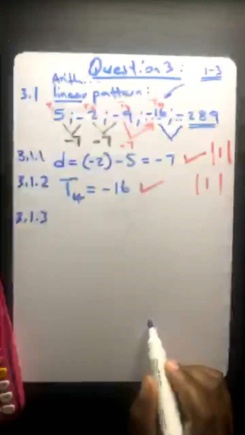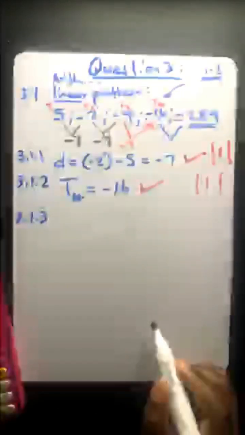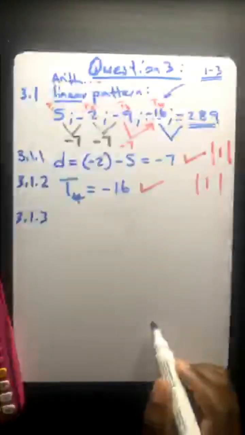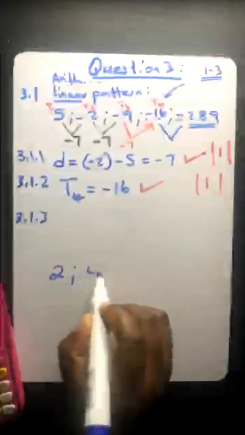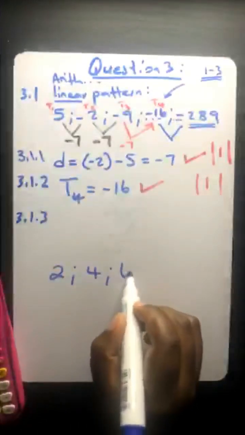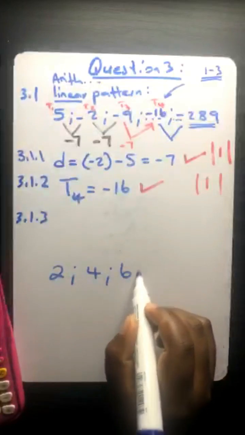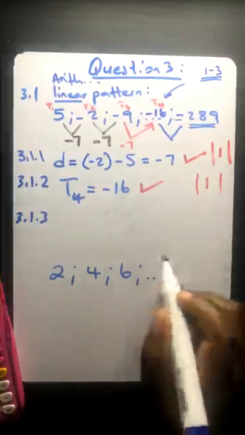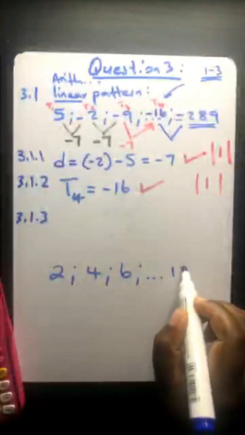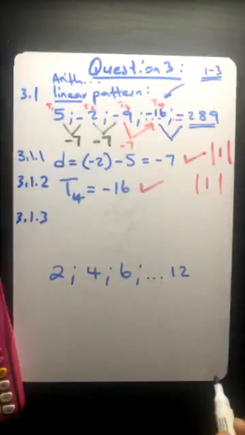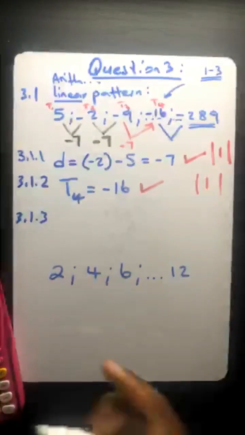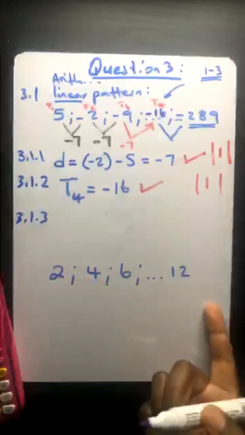You might know what to calculate, but it might not make perfect sense. Let's say you have a pattern which is 2, 4, 6, and so on, up to maybe 12, and the question says calculate the number of terms in that pattern.